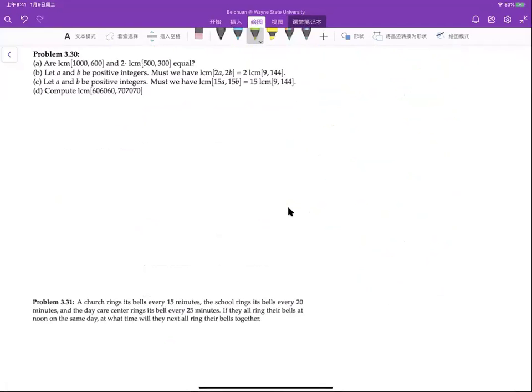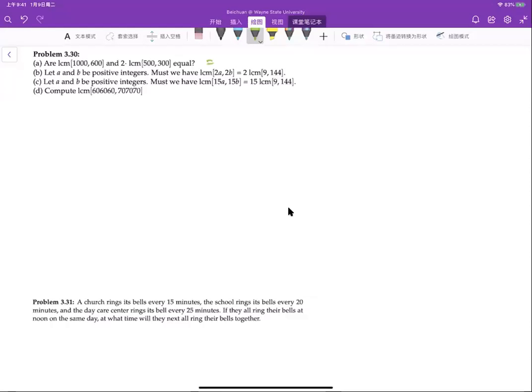So let's look at 330. So the LCM of 1,600 and 2 times the LCM of 500 and 300 is equal. So we can check that they are equal. Right?